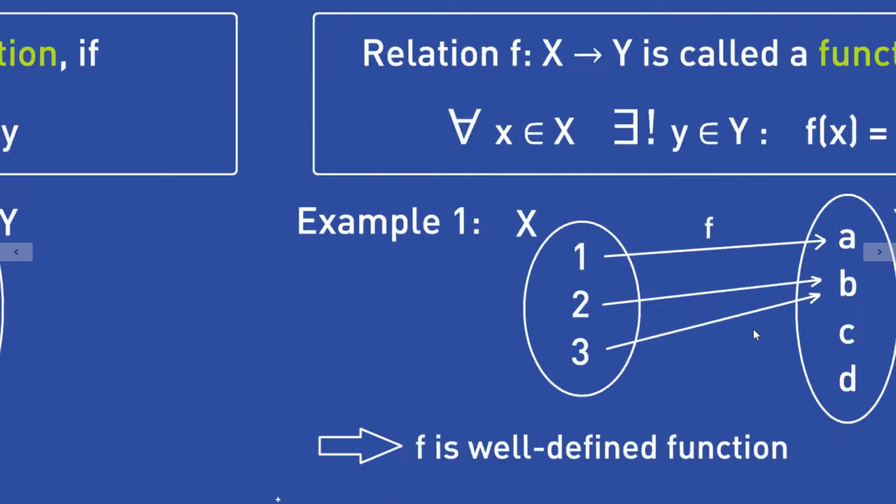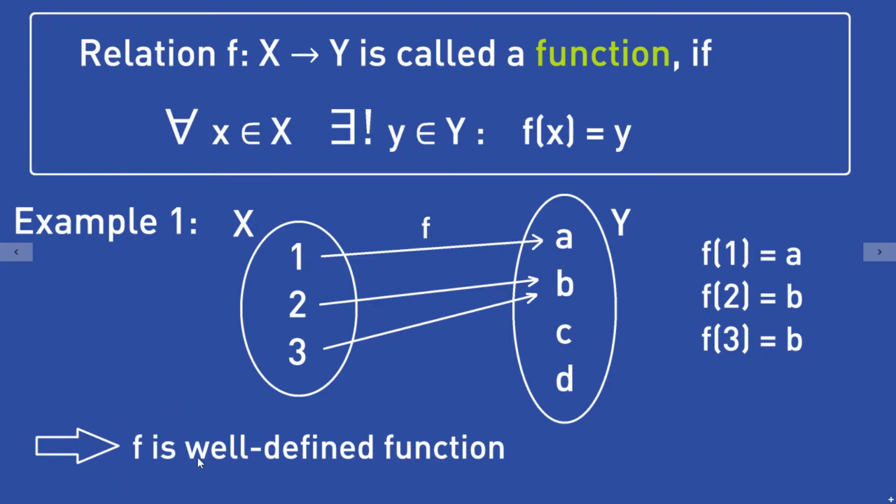The relation f is a well-defined function, because each element in X is associated to exactly one element in the set Y. f of 1 is equal to a, f of 2 is equal to b, and f of 3 is equal to b too. So this relation here is a well-defined function.